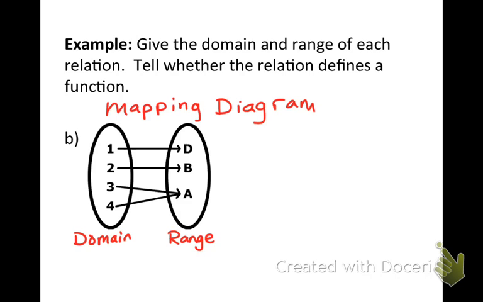So in this case, my domain would be the set of 1, 2, 3, 4, and my range would be the set of D, B, A, or A, B, D if you went in alphabetical order.